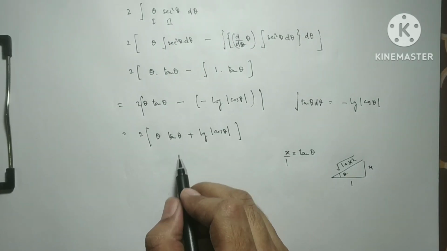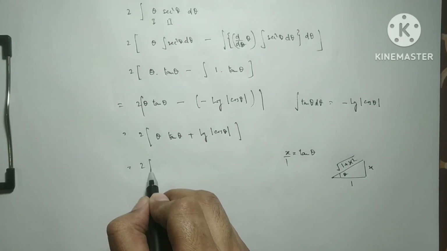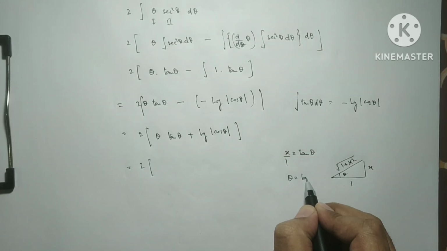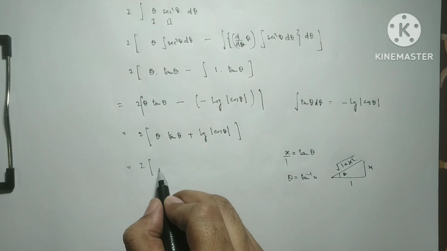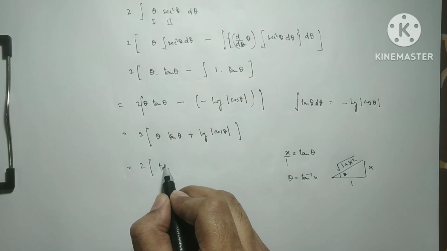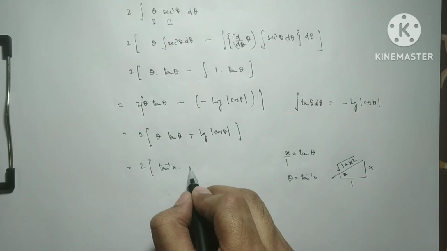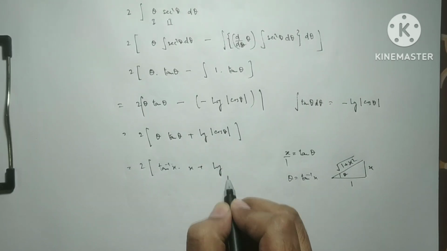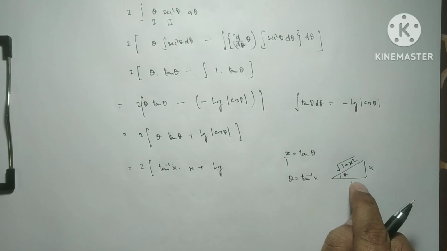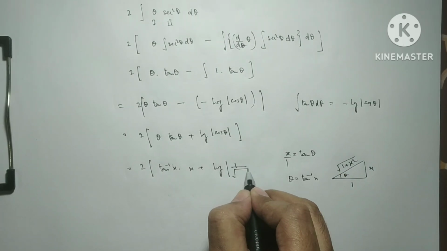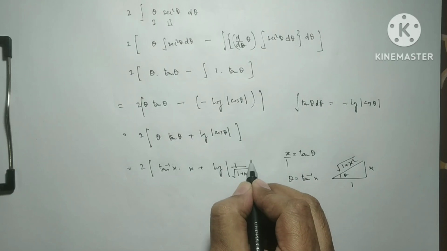So we want the value of theta, which will be tan inverse x, and tan theta is x, plus log of cos theta, and cos is 1 over this, so it is 1 over under root 1 plus x square.